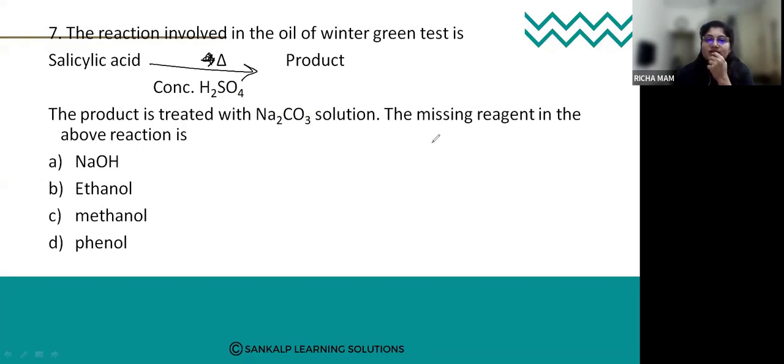What is the missing reagent in the above reaction? A, NaOH, B, ethanol, C, methanol, and D, phenol.